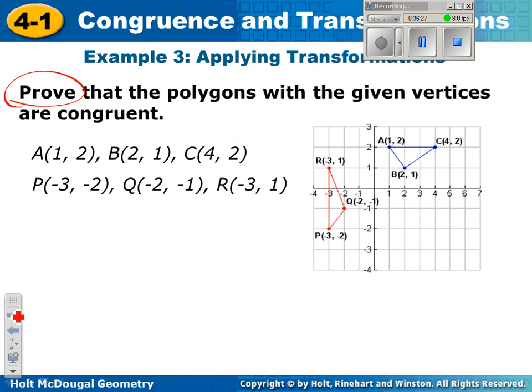Okay, so they do look to be congruent on your paper. Do they look like they're congruent to everybody?